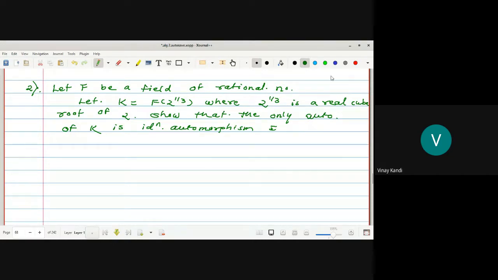The question is we have to show that GKF contains only one automorphism, which is the identity automorphism.